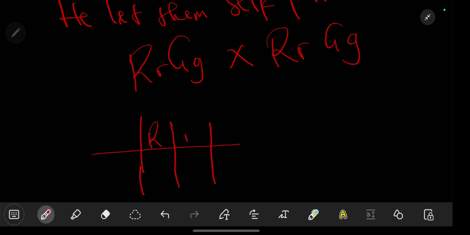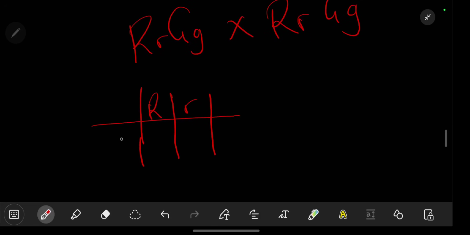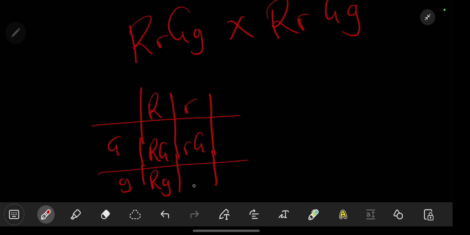So we have big R, small r, then we have our G and our small g, like that. So we have our G combining with R, let's begin with R preferably, we have our RG, we have our R big G, we have our R small g, we have our R small g, like that.